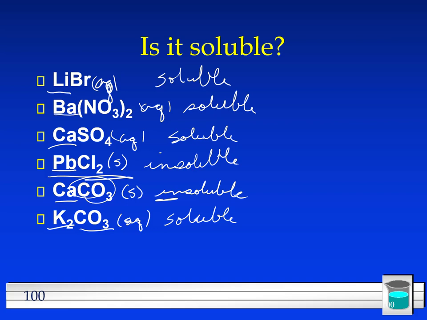Sulfates are soluble unless they're with lead, which is on the list, right? So this is going to be a solid. Is this going to be a solid? Well, it doesn't have an alkali metal, but it does have nitrate. So this one's going to be aqueous. But it's still going to happen because it makes a solid. So this reaction is going to happen because it has a solid.